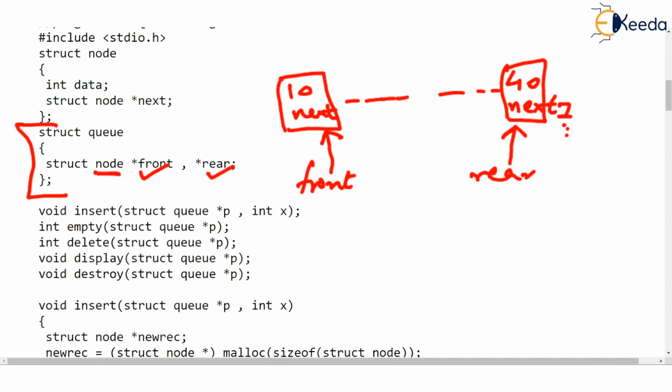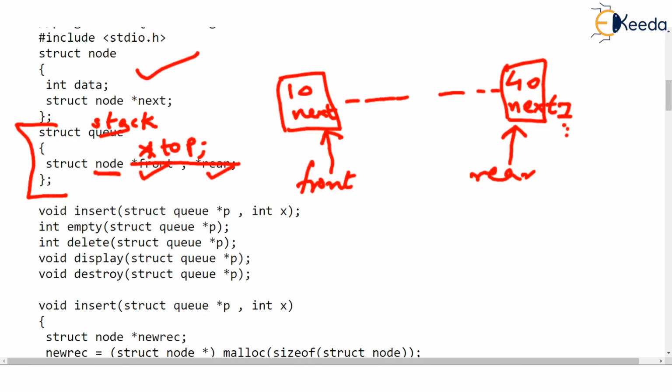Well, in the stack program also, we declared a node. If you go back there, we declared struct called stack. But in that case, we had only one pointer there, pointer top, because we know that all the operations of the stack happen only at one end.